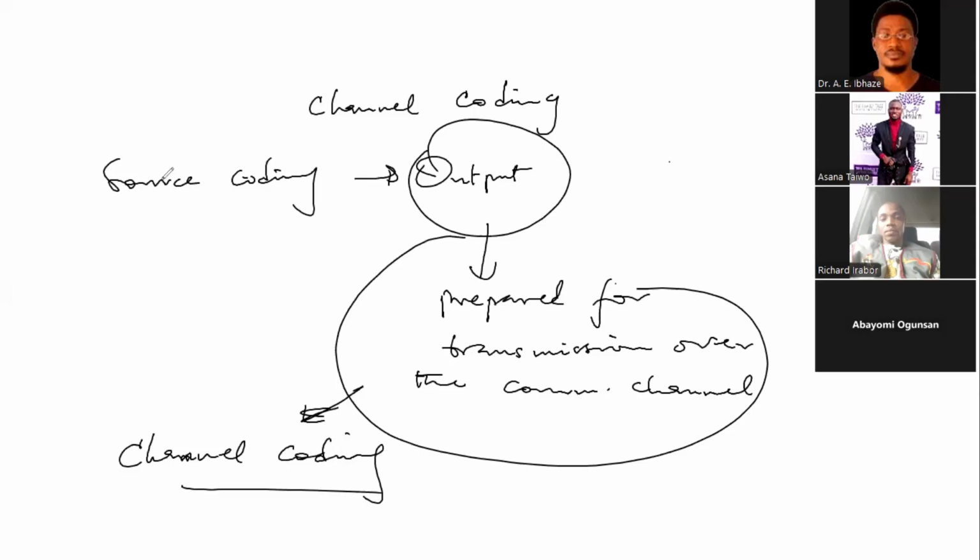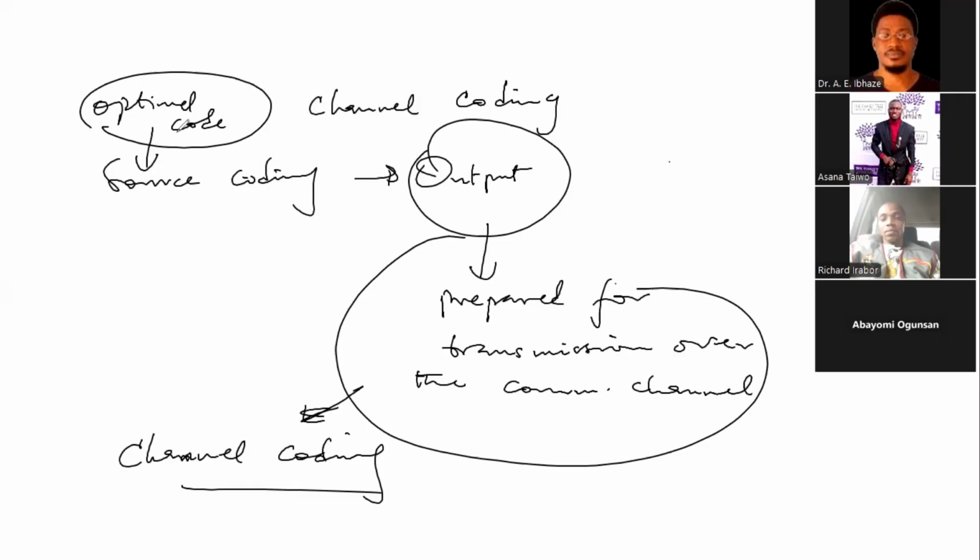Now, you recall that while we perform source coding, we try to figure out the optimal code, okay? And then we're able to figure out if the code is decodable, uniquely decodable, and the likes.